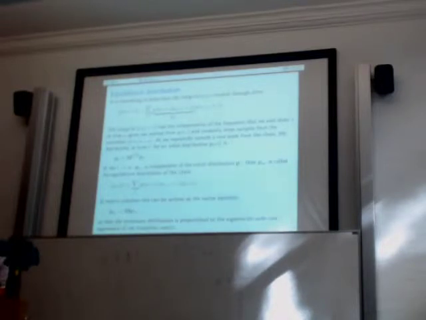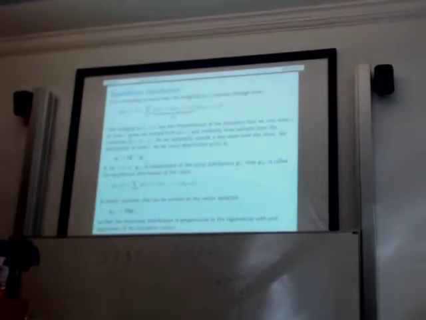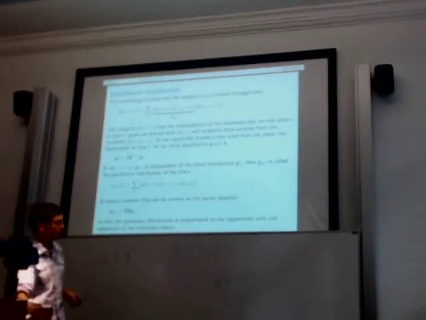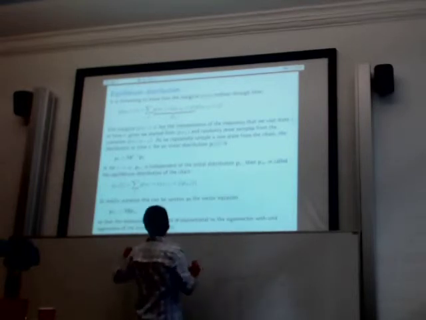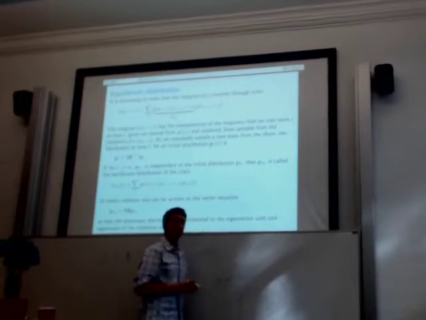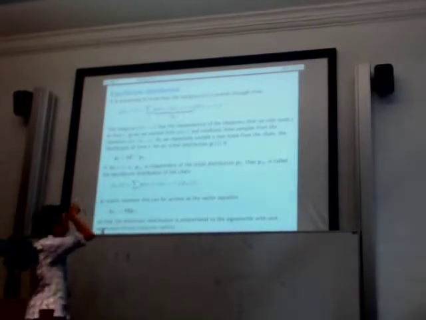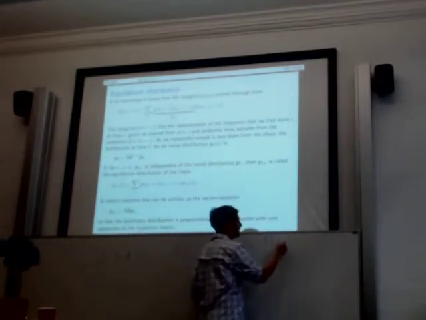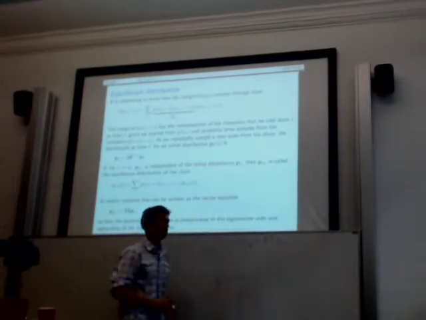And then P_t, a vector with say 10 states, is equal to M times P_{t-1}. So this is a matrix, and this is a vector.